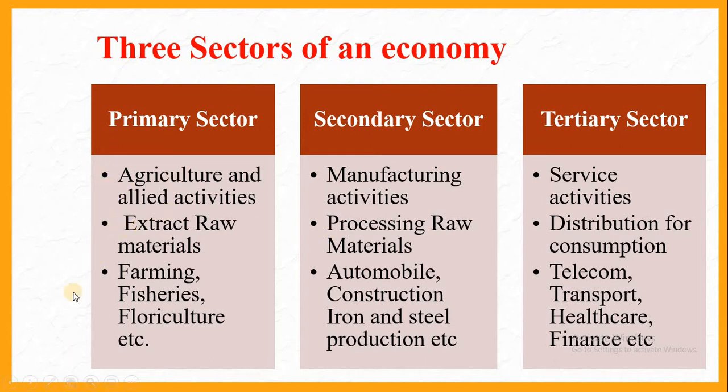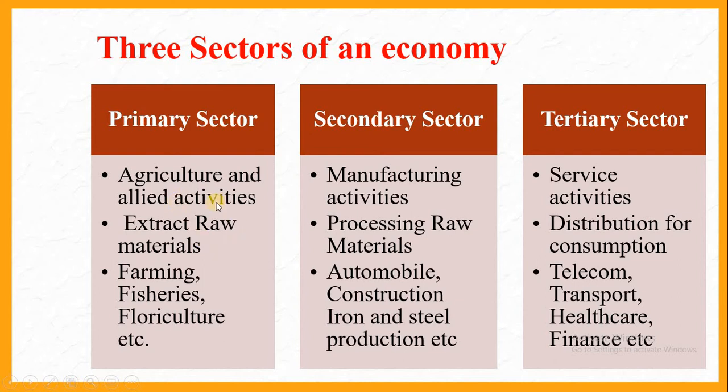But what is the meaning of this allied sector? Allied activities are related to agriculture. See here, fisheries, or goat rearing, sheep rearing, poultry, all these are part of allied activities. Allied means related.